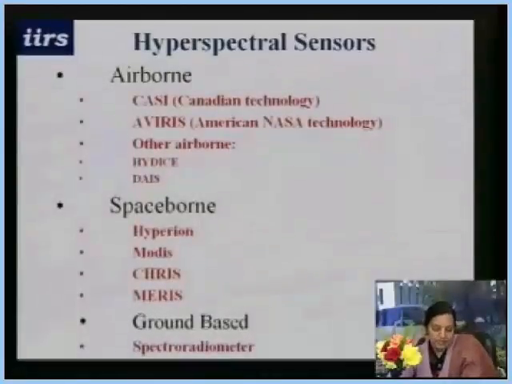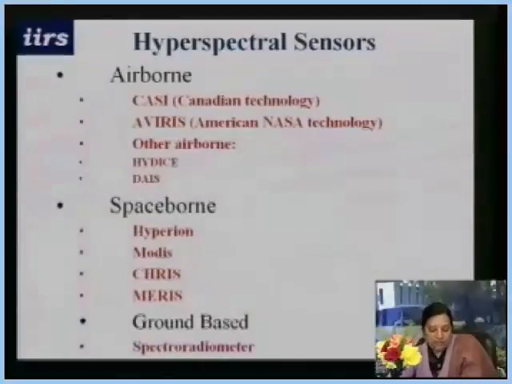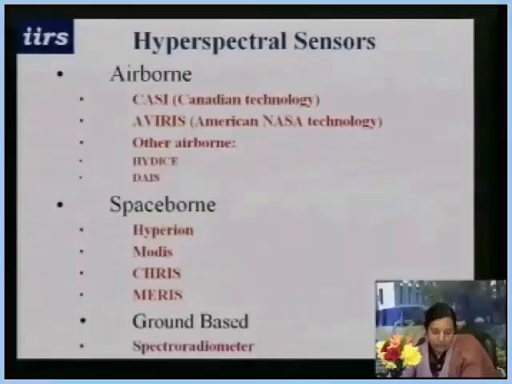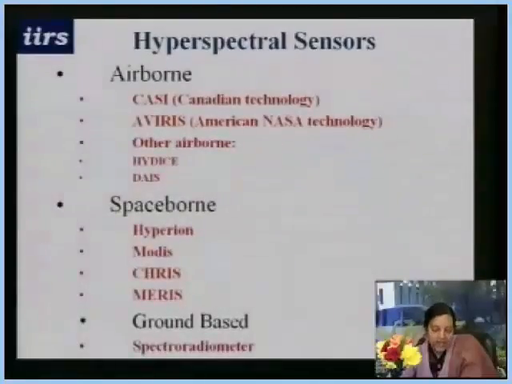The first successfully launched civilian hyperspectral instrument was NASA's Hyperion on the Earth Observing-1 experimental satellite, and it has been in orbit since 2000. Then a year later, the Compact High Resolution Imaging Spectrometer on board ESA's Proba platform, and then subsequently there were many.